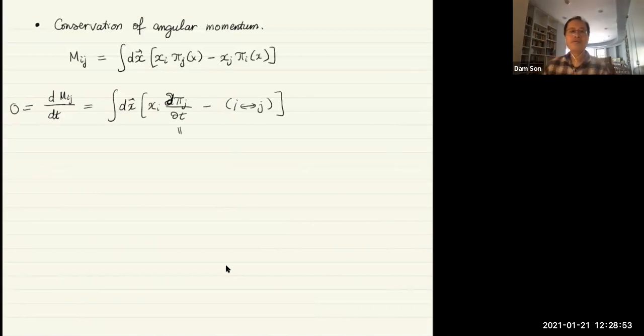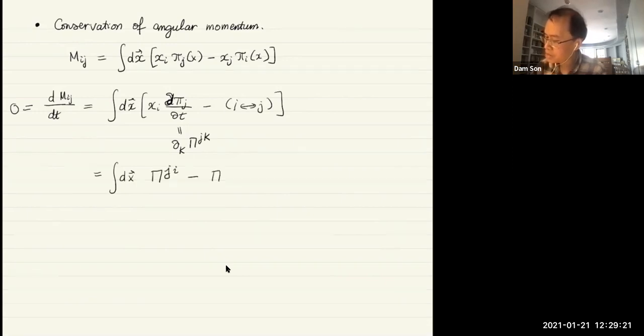But we have the constitutive relation, this is equal to d_k of pi_jk, all right? And then we do integration by parts. The integration by parts gives us dx delta_ik, so that will be pi_ji minus pi_ij.